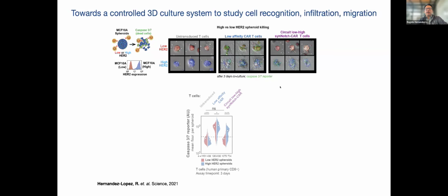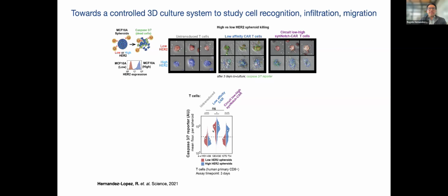So you can measure that, as I said, for hundreds or even thousands of these spheroids. The numbers at the bottom tell you how many of these spheroids we quantified, and then we plot the distribution of the green signal on a per spheroid basis.